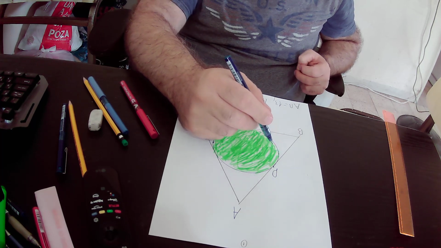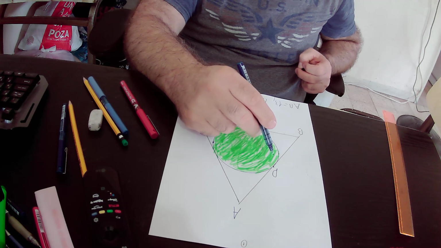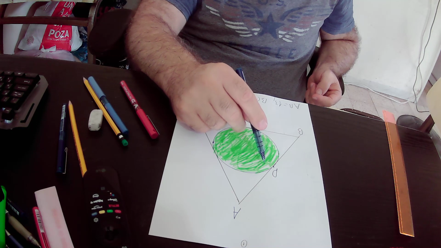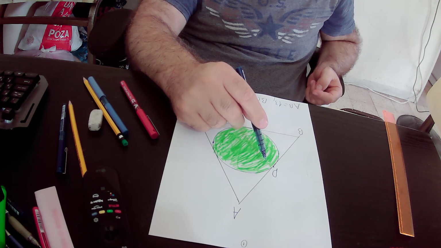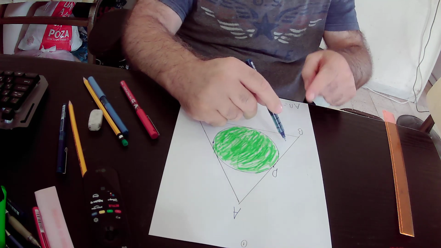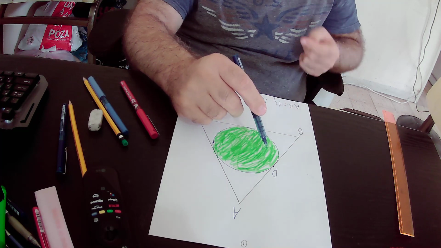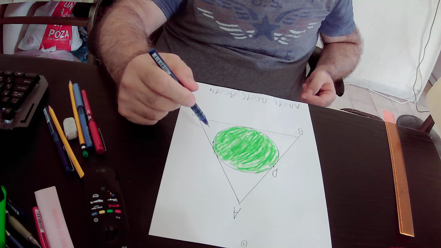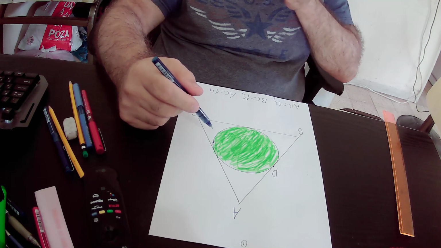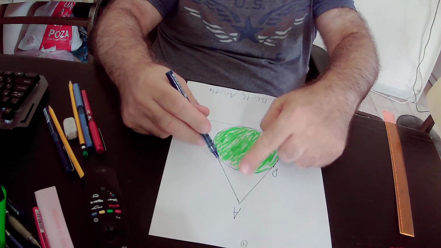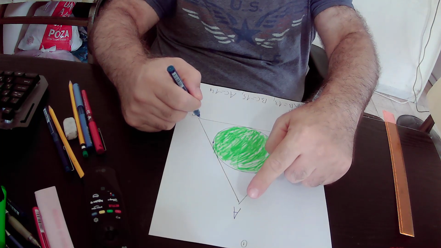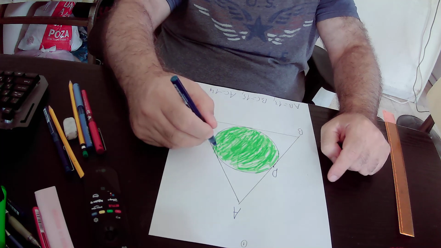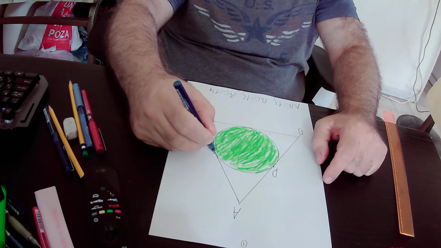Point D is the point of tangency between tangent AB and the green circle. And we also know that the side AC of triangle ABC is tangent to the circle at this point.